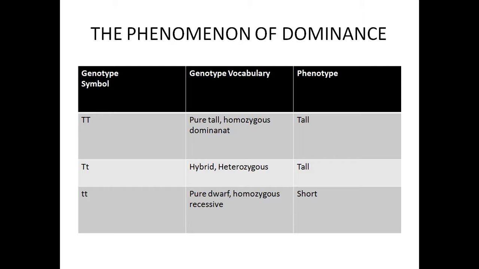In this, genotype symbol, capital T is the genotype here, genes having 2 alleles.